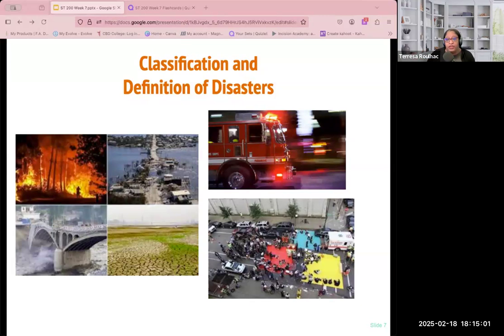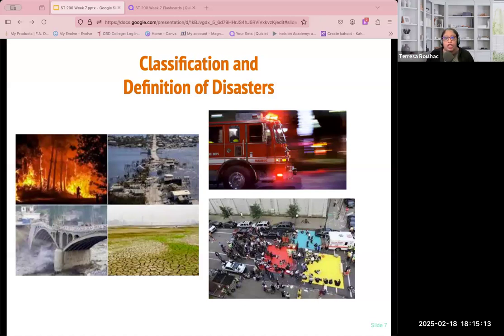And then there's the mass casualty event, or an MCE. This is a localized emergency where the number of casualties overwhelms local healthcare resources, such as during an active shooter or a train derailment.